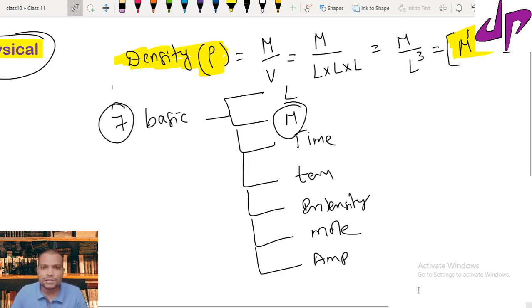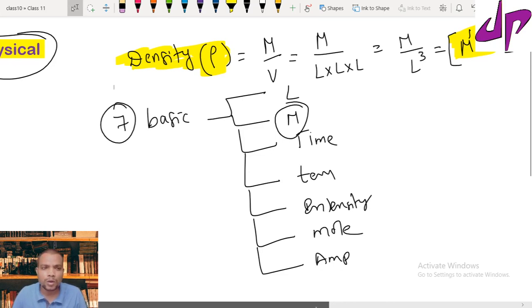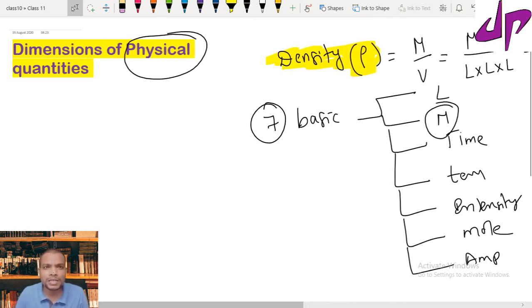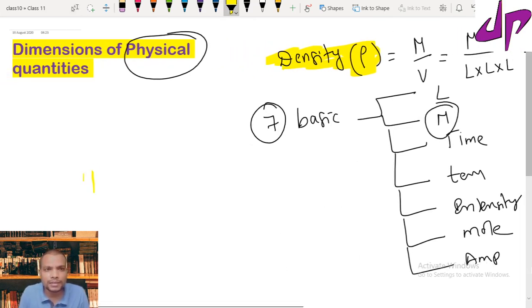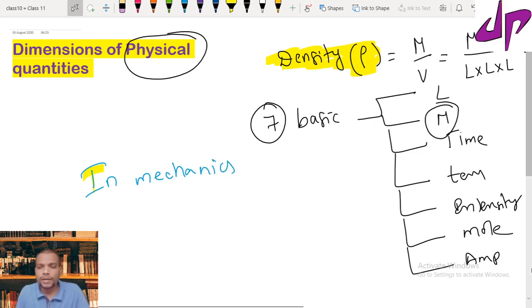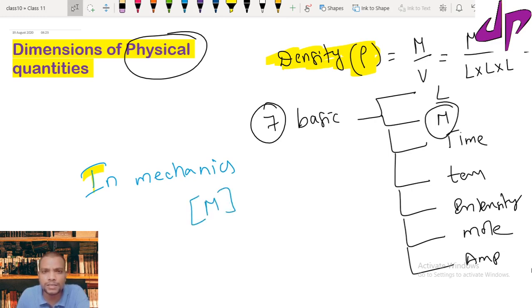In mechanics, we used to represent any kind of physical quantity in terms of these three basic physical quantities: mass, length, and time.